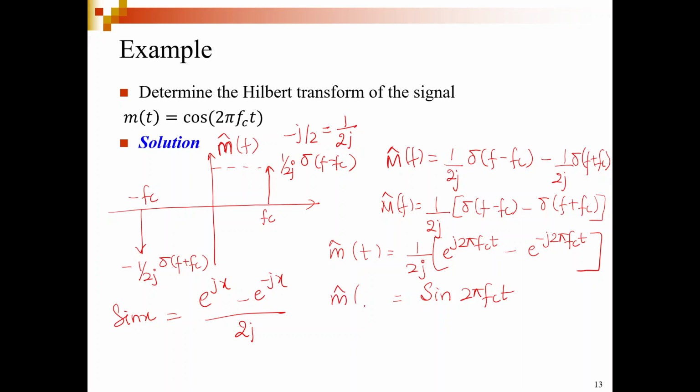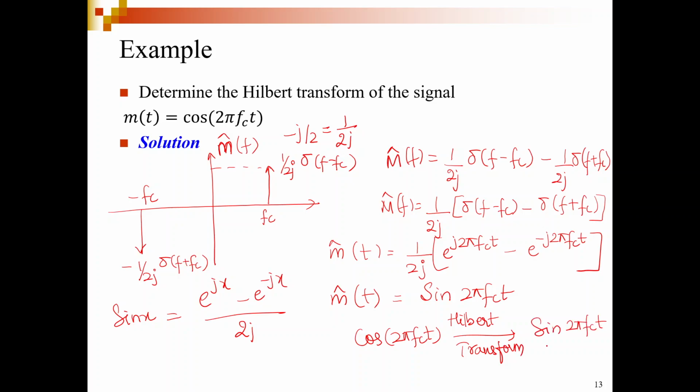So by this we can see that the Hilbert transform of cos 2 pi fct is nothing but sine 2 pi fct.